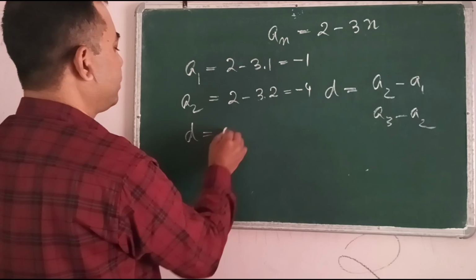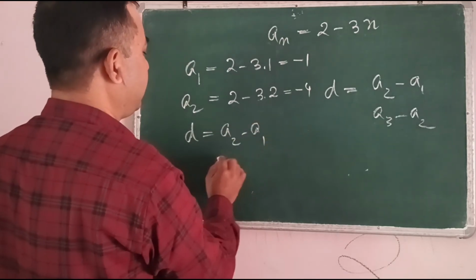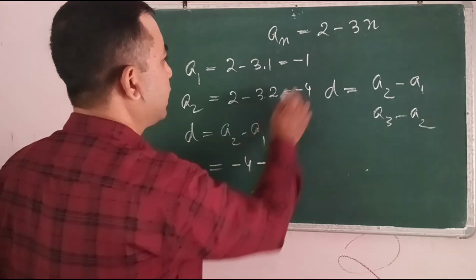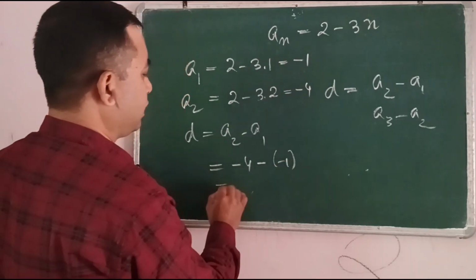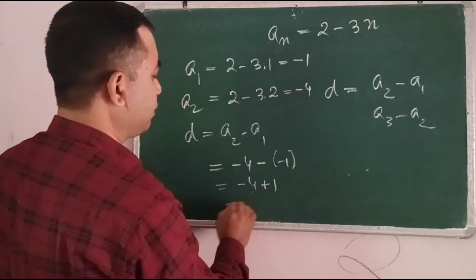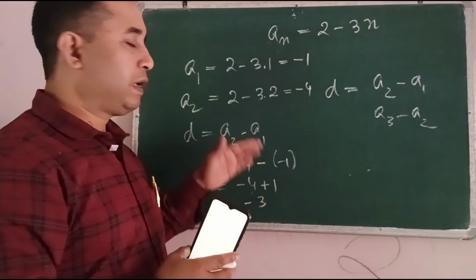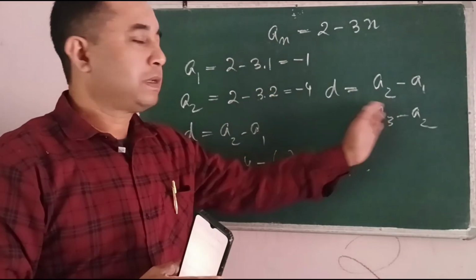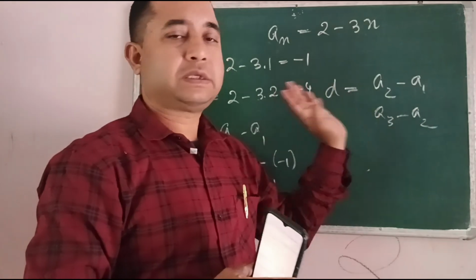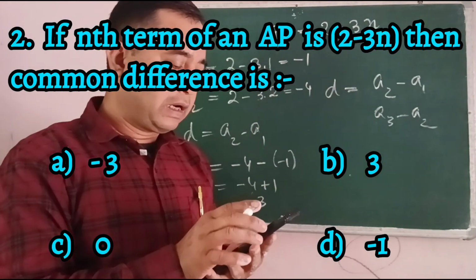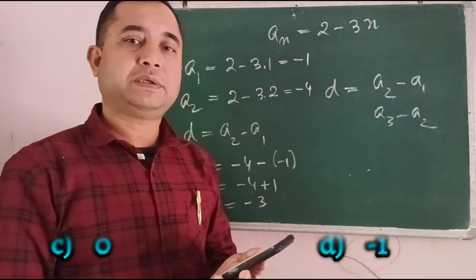Now d is equal to a2 minus a1, which is minus 4 minus of minus 1, so minus 4 plus 1 is equal to minus 3. This way you can calculate d by subtraction. So the correct option is A, minus 3.